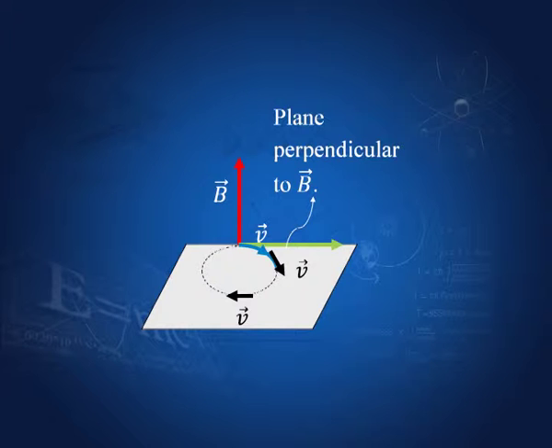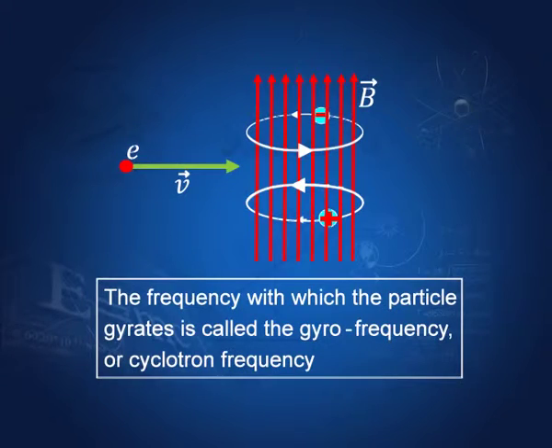Now, if I take a cross product between this v and the new v and B, I will find that there is more bending, and eventually if I keep on doing this, I will find that this particle goes in a circular path in a plane perpendicular to B. So, if I have a perpendicular field B and a charged particle coming, then this charged particle would go in a circle around this field as shown here, and you can find the direction.